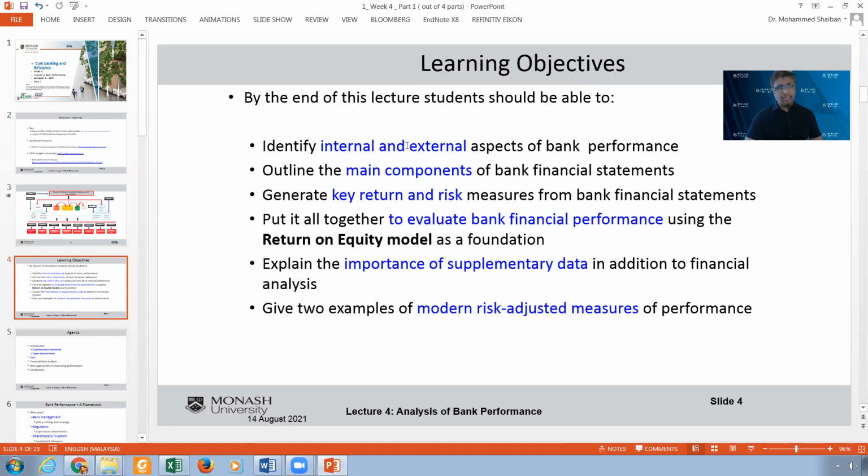But what is the external? Remember, we are operating under something called the trust economy. I put my money in the bank because I trust that bank, and this is based on the reputation of the bank and its compliance with the regulators. So this is external. Internal, we know how we are doing and managing our returns, risk and other issues.